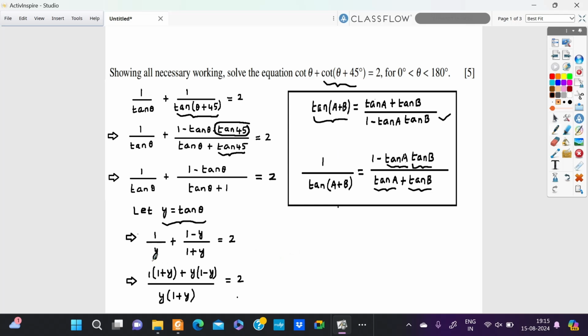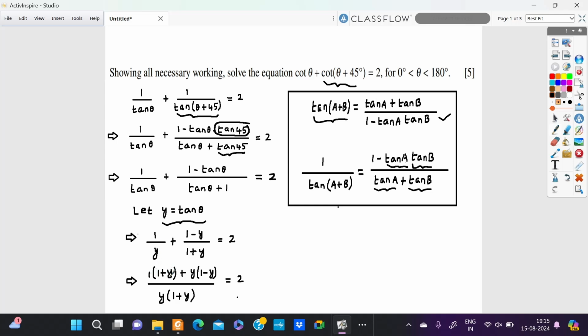I just find the least common multiple of the denominators. So I have the product of y and 1 plus y. When you compare each denominator with the LCM, the first denominator y should be multiplied with 1 plus y. So therefore, the numerator 1 should be multiplied with 1 plus y.